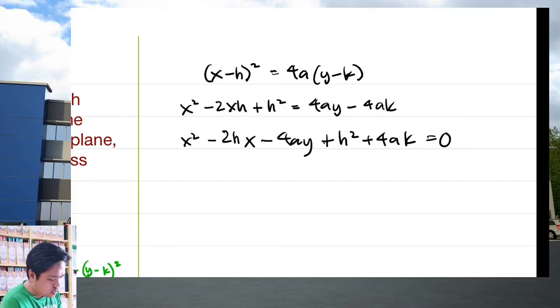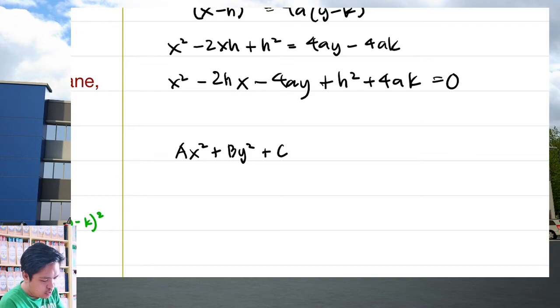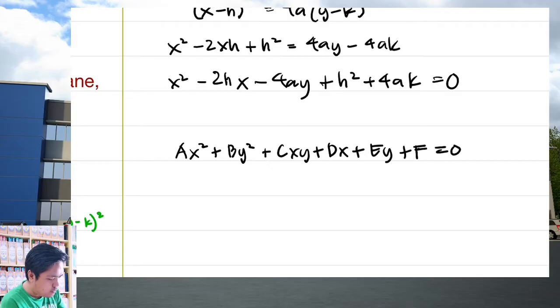If you notice, these are all constant. h and a as well as k are constants. So collectively, this is a single constant. If we base it on the general equation of a conic, we have ax squared plus by squared plus cxy plus dx plus ey plus f equal to 0.